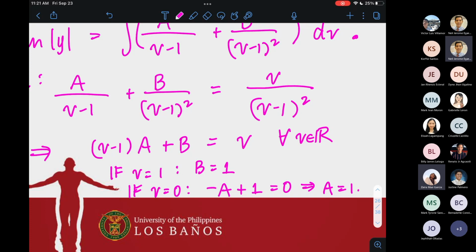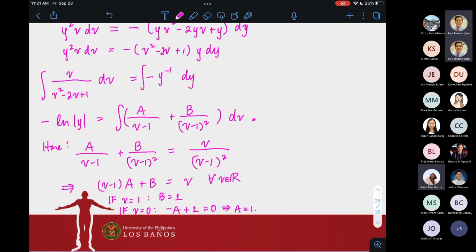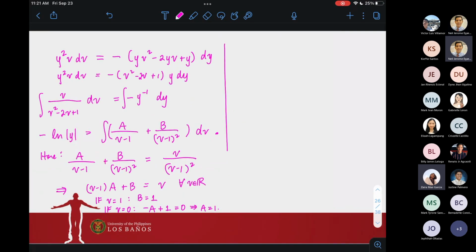Okay? Parang hindi to yung nakuha ko kagabi. Tama ba? Sana tama. So ito yung a and b. Negative 1 ba yung nakuha ko? Parehas ba siyang positive? Yung isa yata dapat negative. Tama ba?